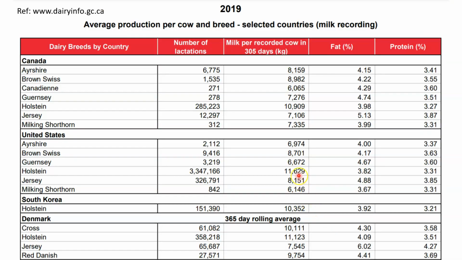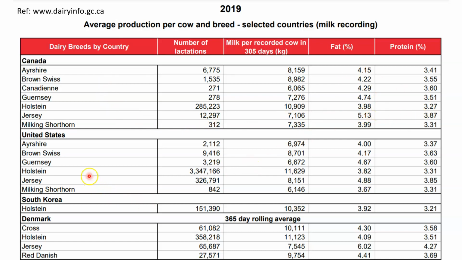Now let's look at some figures from different countries: Canada, US, South Korea, Denmark. Let's look at Jersey. These were the numbers we saw in the earlier slide.